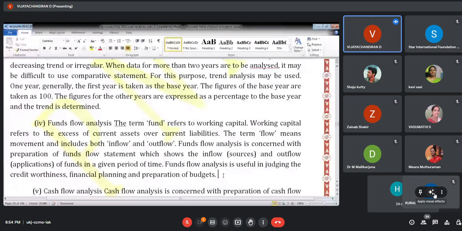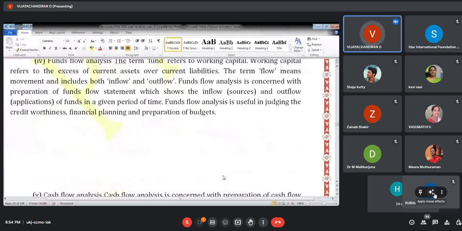See, your bills payable is decreasing, right? Why decreasing? If you are repaying the loan, this is a short-term loan, the bills payable is decreasing. Bills payable is a current liability.